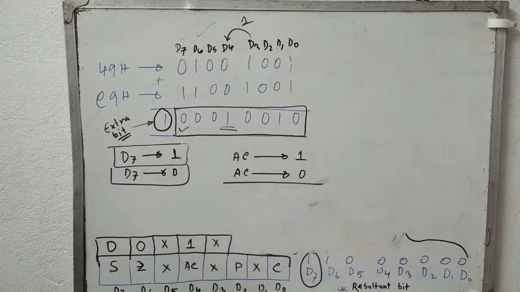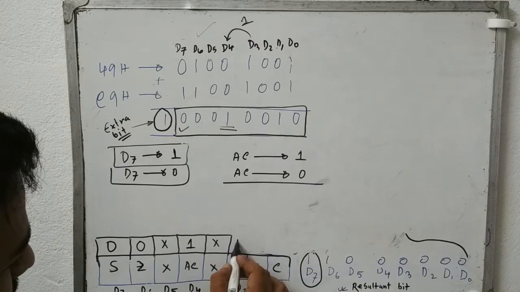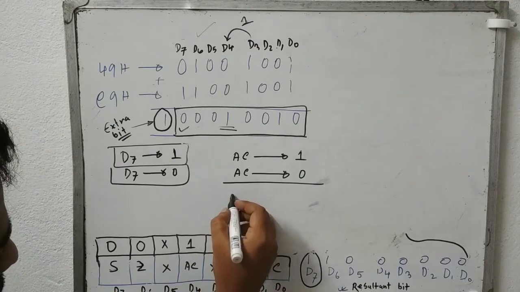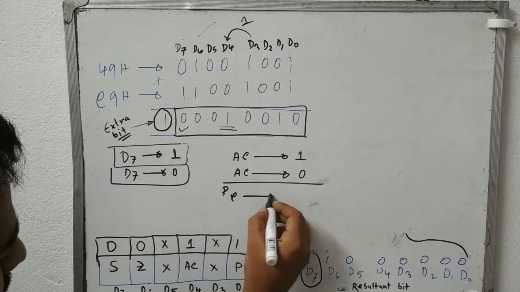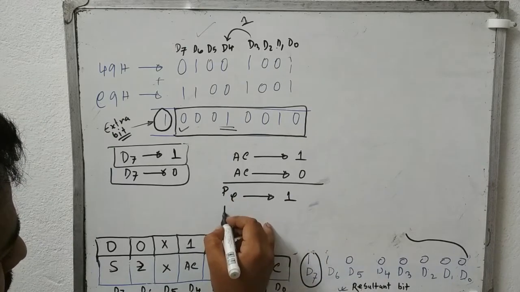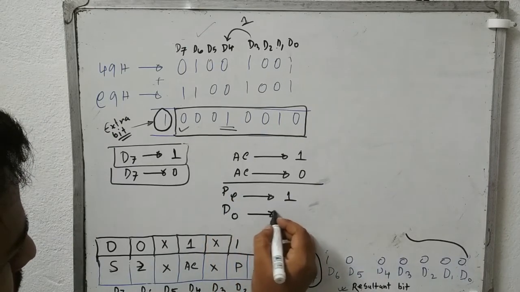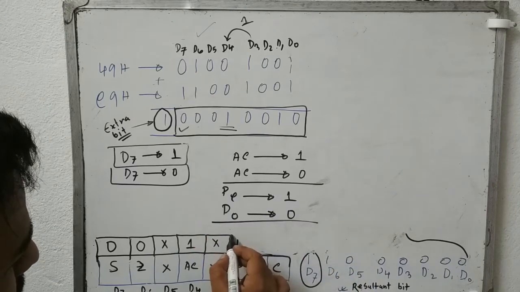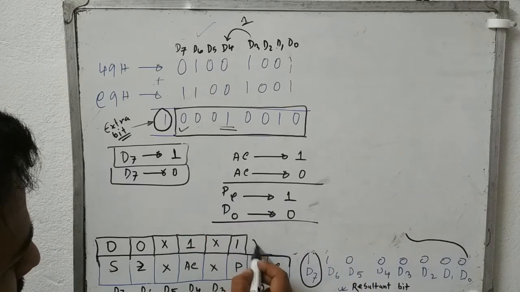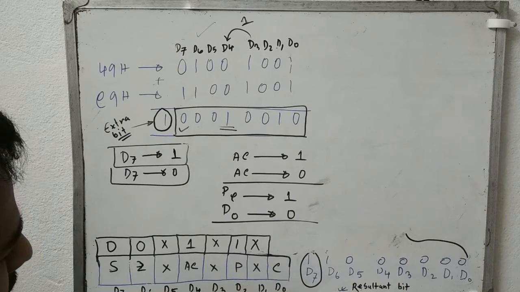There are 2, so there is an even number of 1s in the resultant bits. If there is an even number of 1s, the parity is even and the flag will be set. If the parity is odd, it will be reset. So it will be 1, and then again a don't care, and then the carry.